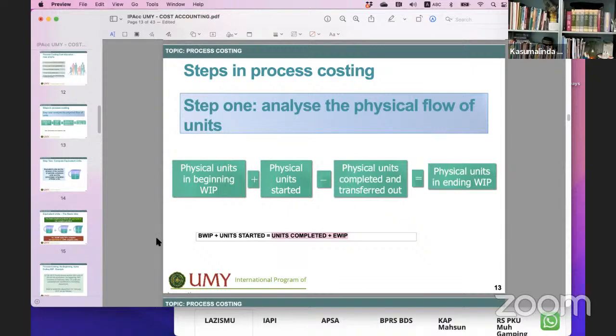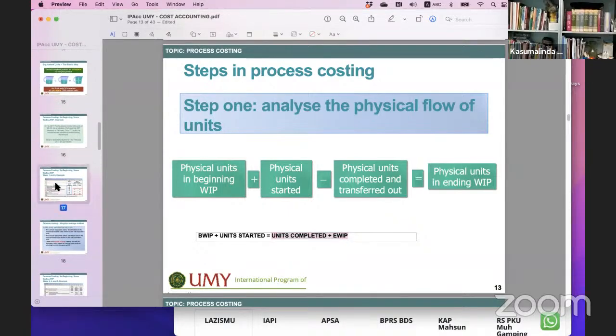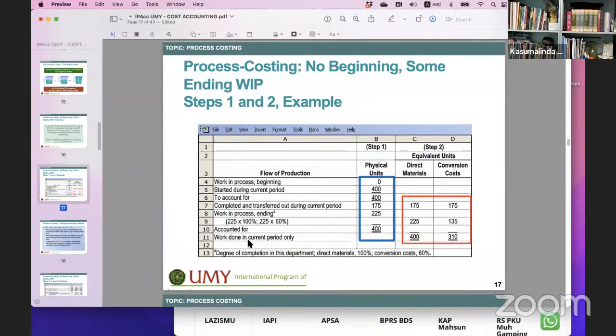So this is where it is derived from. We start with the equation I showed you just now. The first part, beginning work in process plus units started, is the units that we want to process at the beginning, so we call it units to account for.